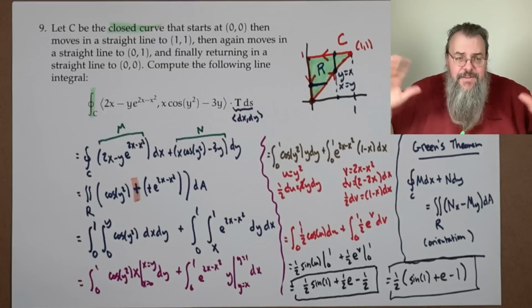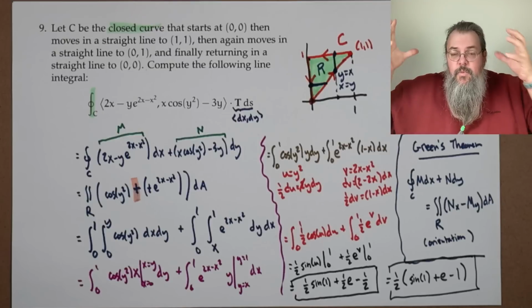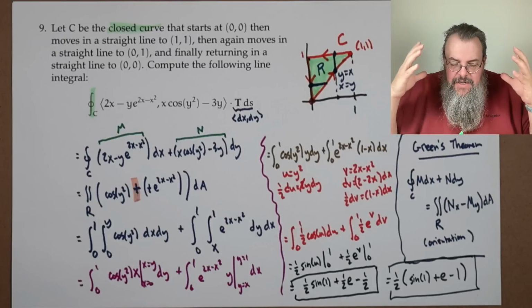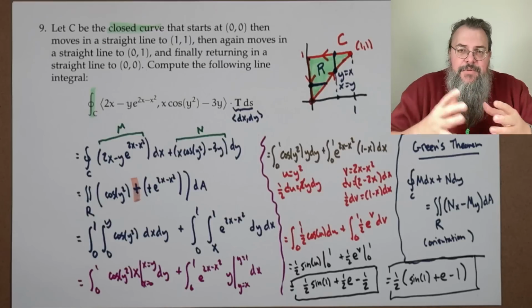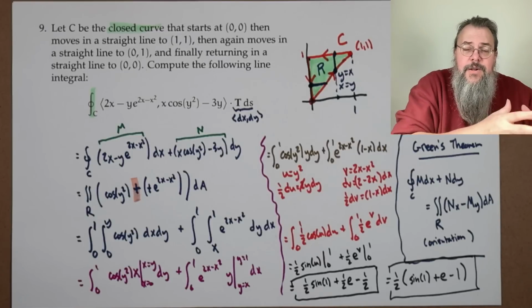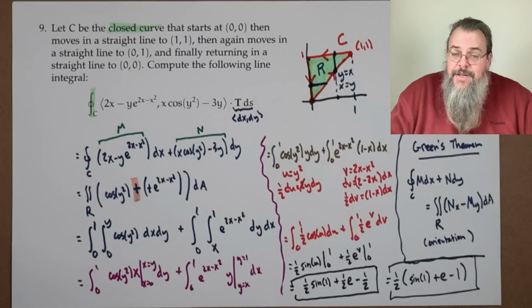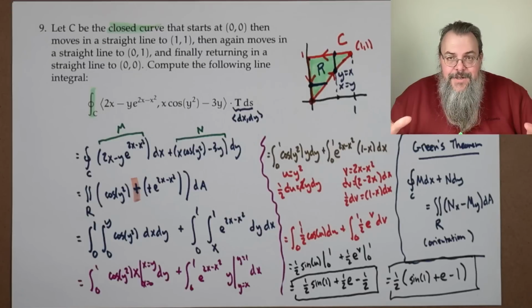I don't know why, but they love polar in Green's. But just think about, I've translated from one problem to a new problem, and now reset and start again, right? And oftentimes, that's how solving problems works. You just sort of move along the line from one idea to another idea, and eventually you get the whole thing. All right, good.